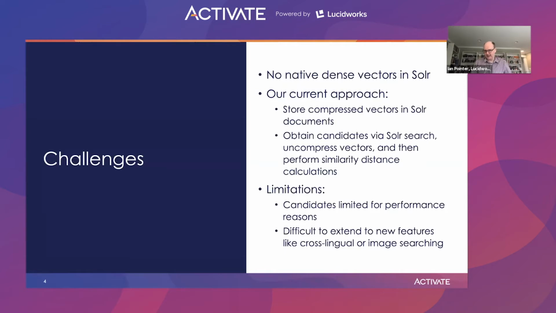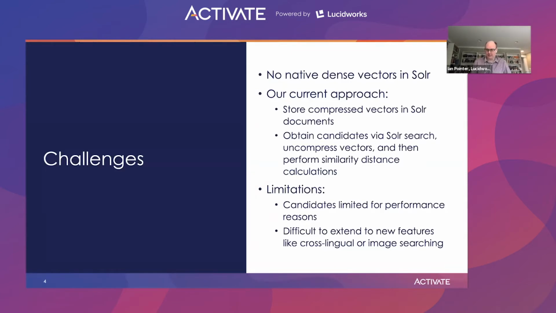So we have these compressed vectors, we decompress them, and then we do all the similarity distance calculations, but we do it all within the Fusion Query microservice. So everything is happening in Java, everything is completely unaccelerated. And as you can imagine, that means it's a little slow.